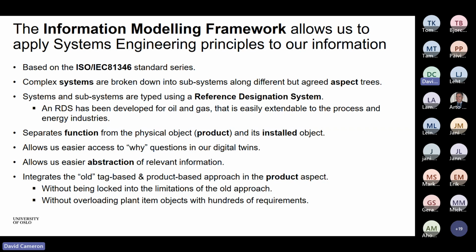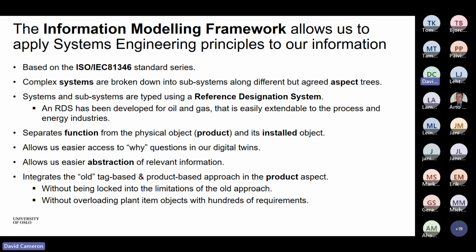And so the project then looked at how do we identify and create objects that you can apply requirements to. So it's based on the approach of ISO IEC 81346, where you break systems down into subsystems along agreed aspect trees. And we saw those aspect trees in the previous presentation as well. And they're typed using a reference designation system.